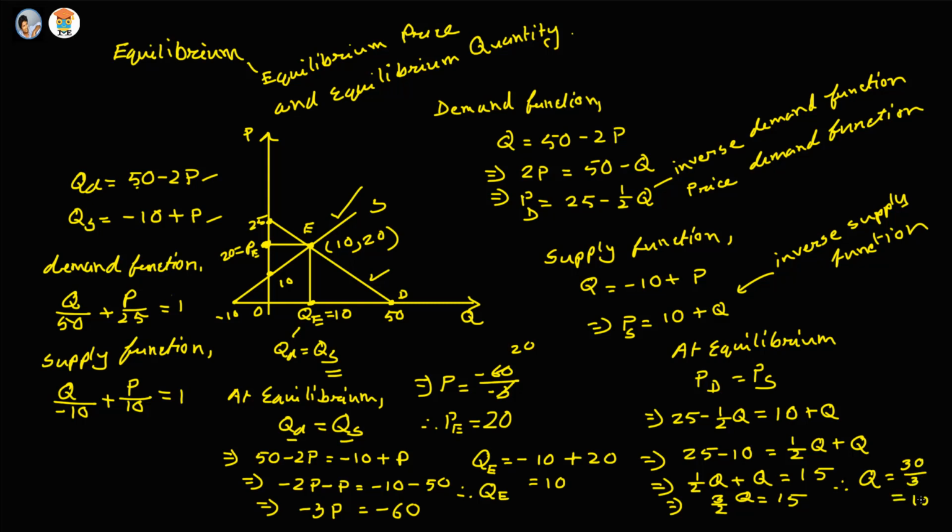That means 10, which is equilibrium quantity. Now, if we put this value of equilibrium quantity in this inverse demand function or in this inverse supply function, we can find out equilibrium price. PE is equal to 10 plus 10. That means 20. Equilibrium quantity is equal to 10 and equilibrium price is equal to 20.